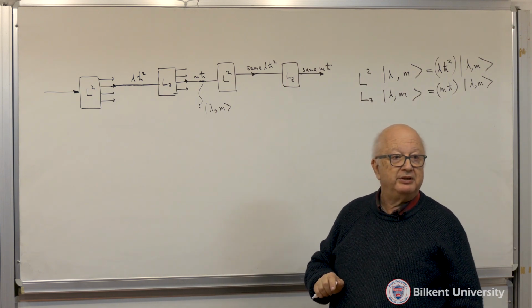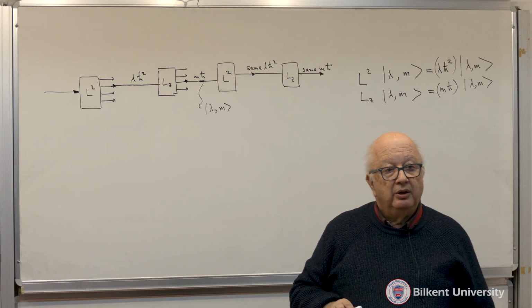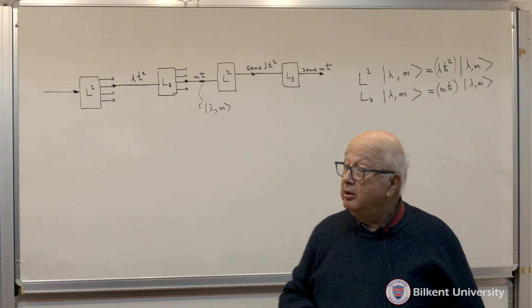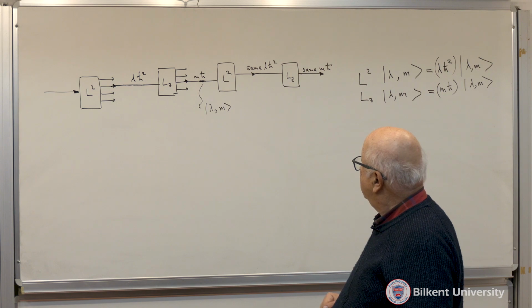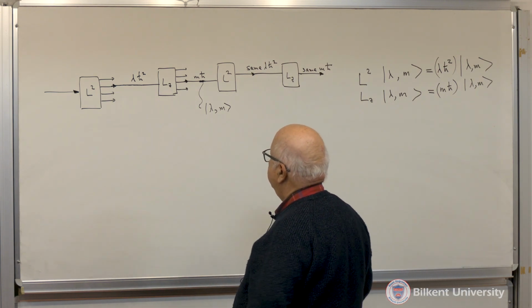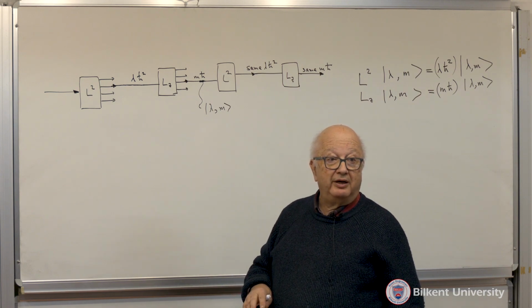Okay, other questions? Yes. Can't we have Lz squared equal to L squared, can't we have Lx and Ly zero? No, no. Okay, we'll see why. Because they don't commute. Lx and Ly do not commute.